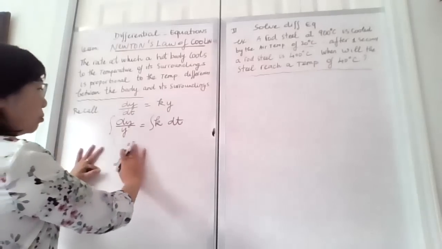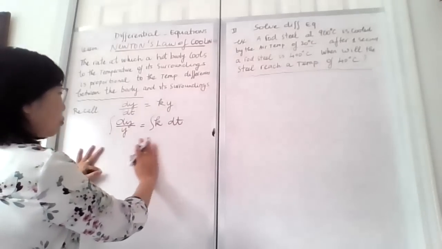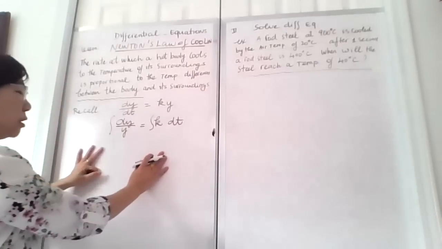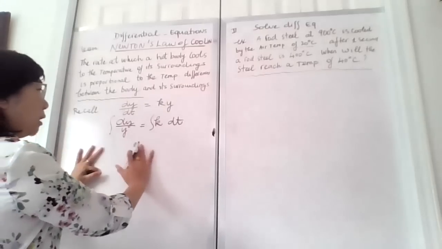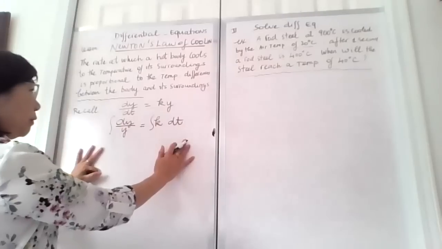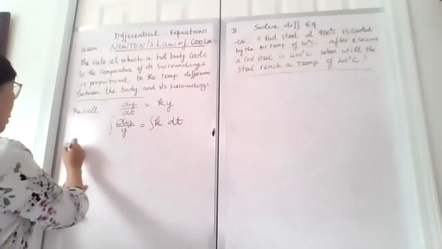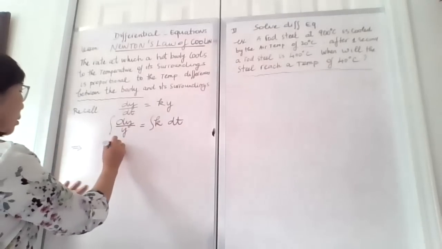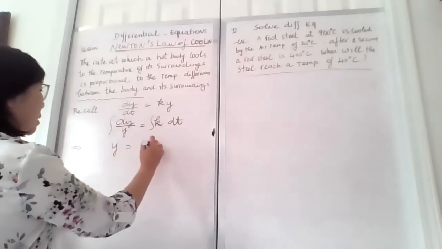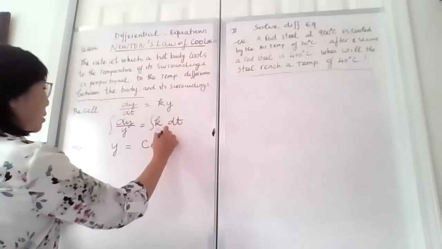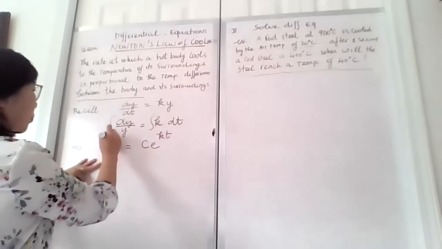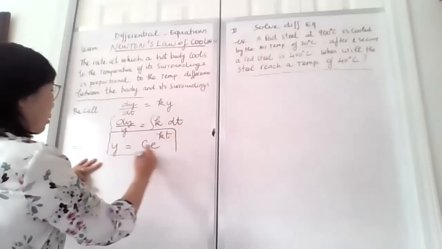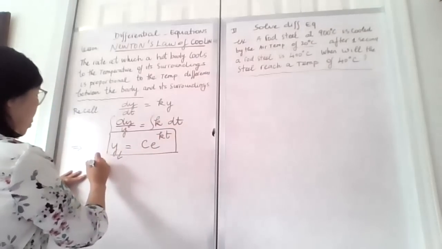Now I don't want to solve this differential equation again, because I already showed you how to solve it four or five questions before. But after we solve it, remember we come up with the formula y equals c e to the kt. And this formula we call the law of natural growth.